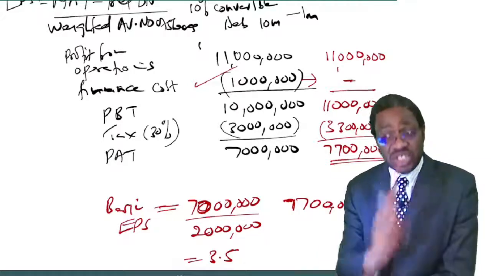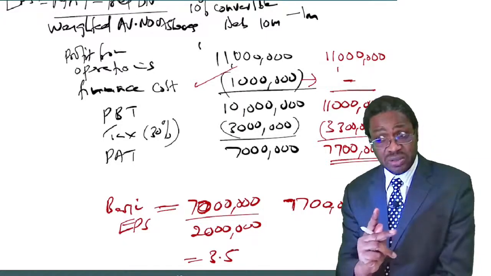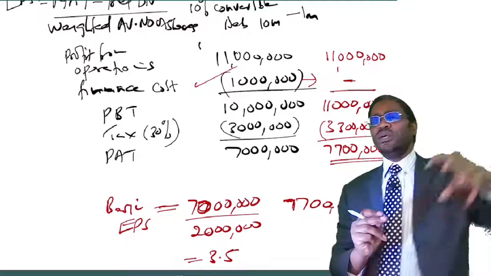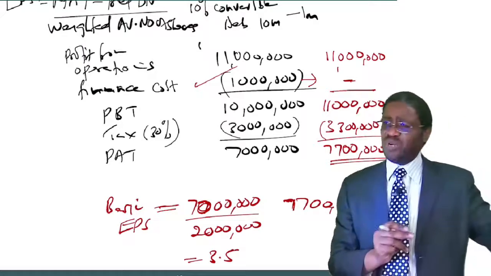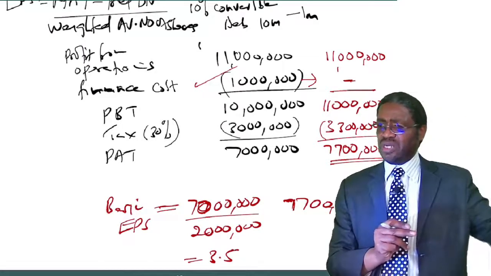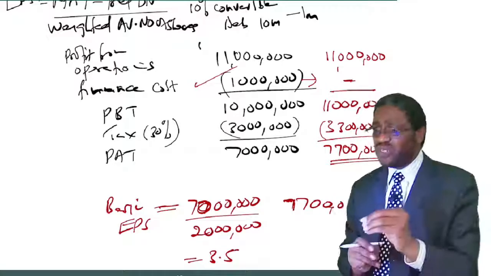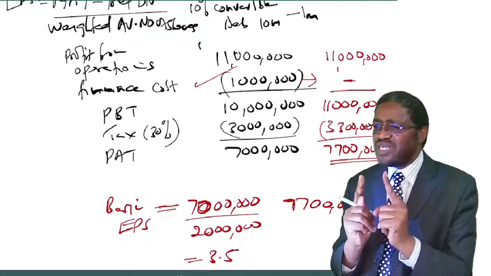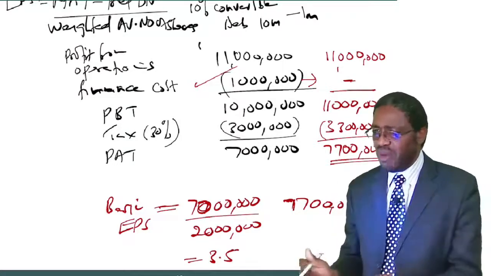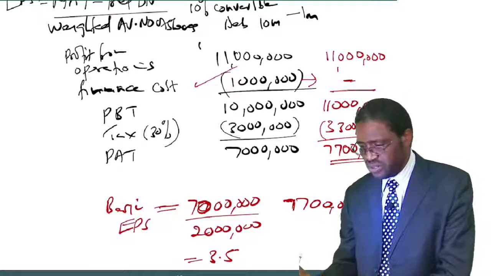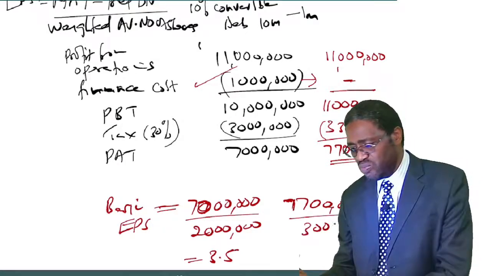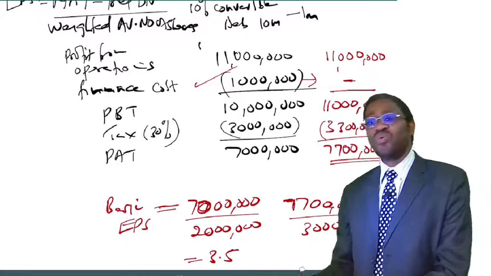Currently, our shares are 2 million by end of this year. But had they converted when we issued those debentures, our number of shares by end of this year would no longer be 2 million, but would be how much? 3 million. Good. That means our number of shares would be 3 million.